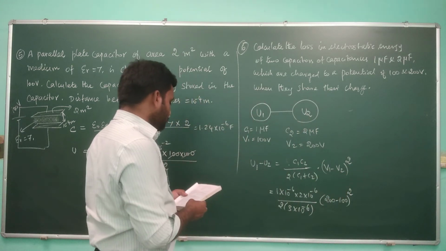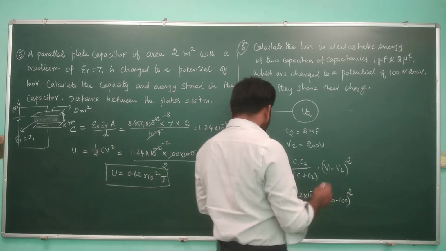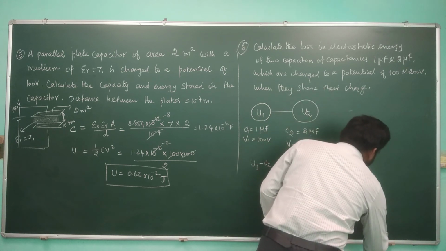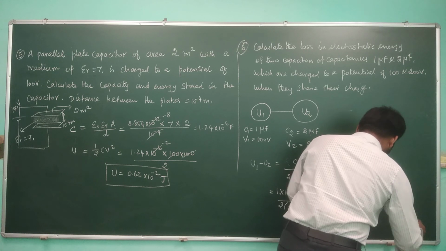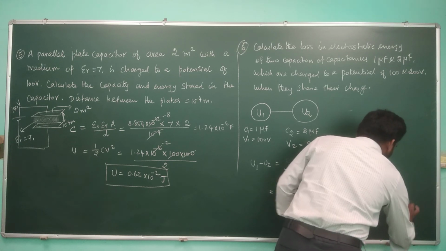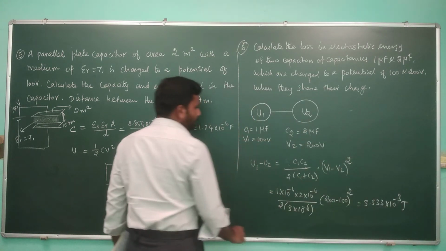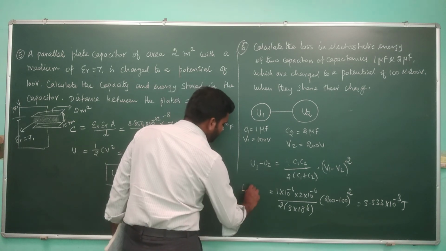So this will give you the answer. You can substitute and calculate: 3.333 into 10 power minus 3 joule.